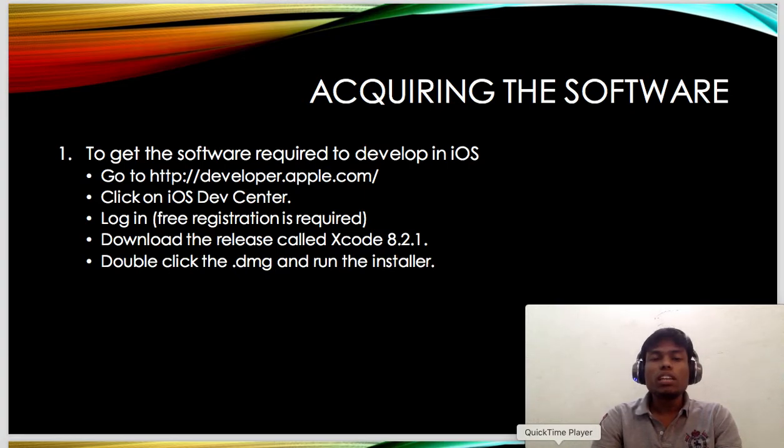Just go to www.developer.apple.com and click on iOS Development Center. Login if you have credentials. If you don't have any credentials, go for registration. Registration is required. Then download the release Xcode version 8.2.1.